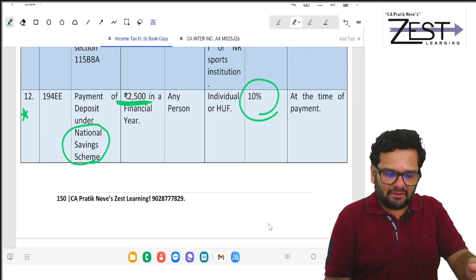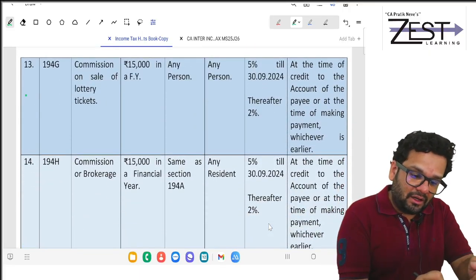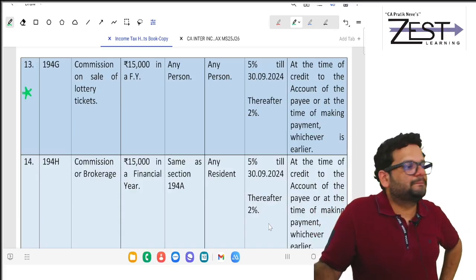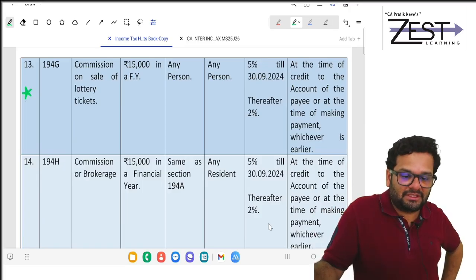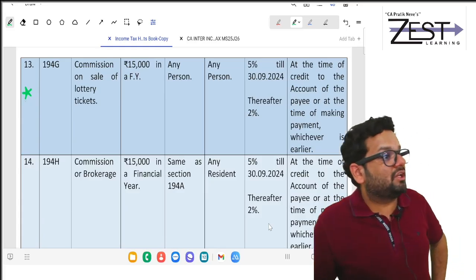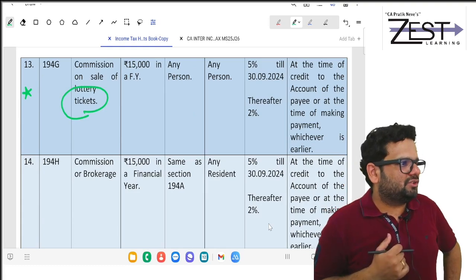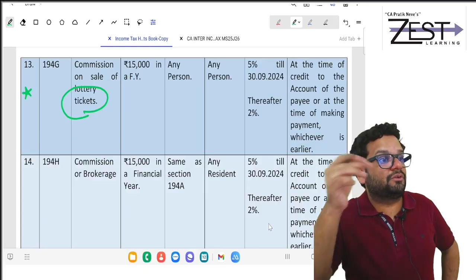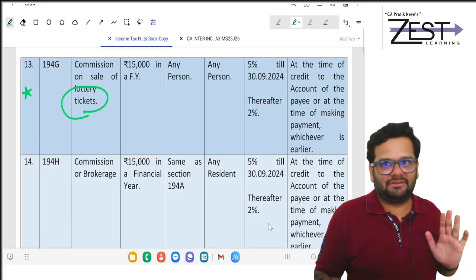TDS will be at 10%. Forget it. G half star. G is commission on sale of lottery tickets. You understood now why I am giving half star. Why will they ask you a question for a person who is selling lottery tickets? Probability is less.